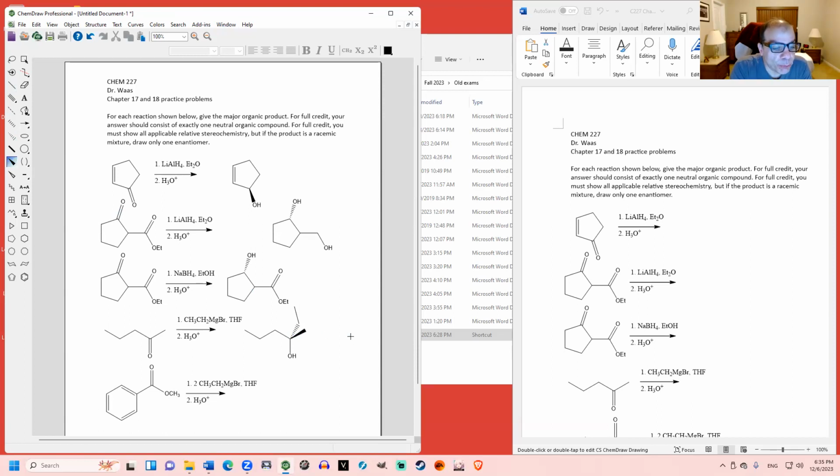There we go. That works. And I could have drawn the enantiomer also. Either way would be fine. So this carbon here is the CH2 in the ethyl Grignard reagent. And you get the tertiary alcohol.